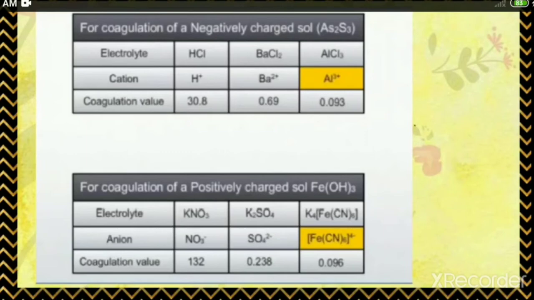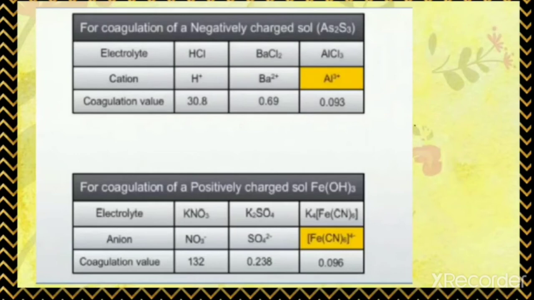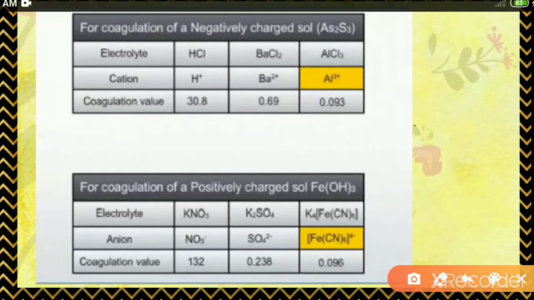First, the coagulation value for the coagulation of a negatively charged sol. That means if the sol is negative, what will be the charge on the active ion? The positive charge; you can see here, the cations are the active ions. So you can check the coagulation value here. For H plus ion it is this value, and for this and this.